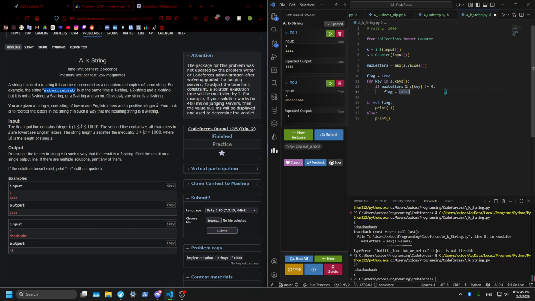The k strings we can make: one string, two string, and a four string. This is a four string. It's also a two string.